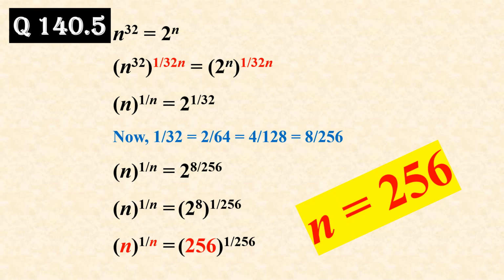Now, 1 by 32 is equal to 8 by 256. 2 power 8 by 256. This is 256 power 1 by 256. N power 1 by n is equal to 256 power 1 by 256. So, n is equal to 256.